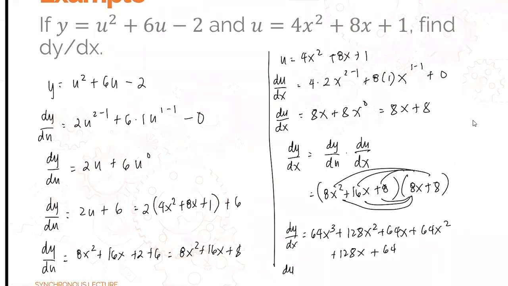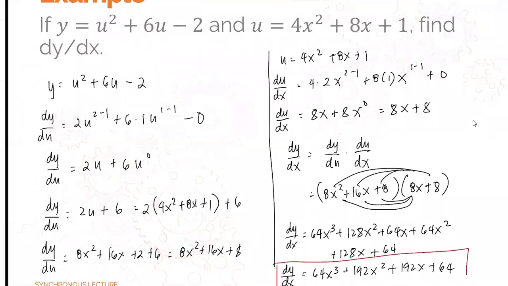So, simplify natin, dy over dx natin. Combine like terms, so 64x cubed. Then sa x squared is meron tayong 128 plus 64 is 192x squared. Then 192x plus 64. So this will be our final answer.